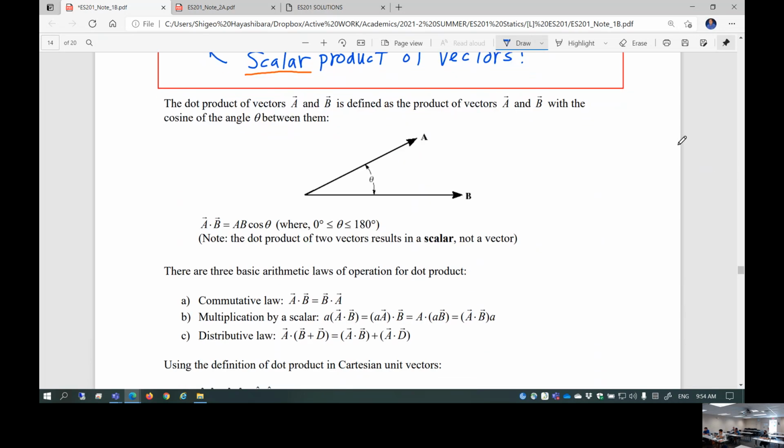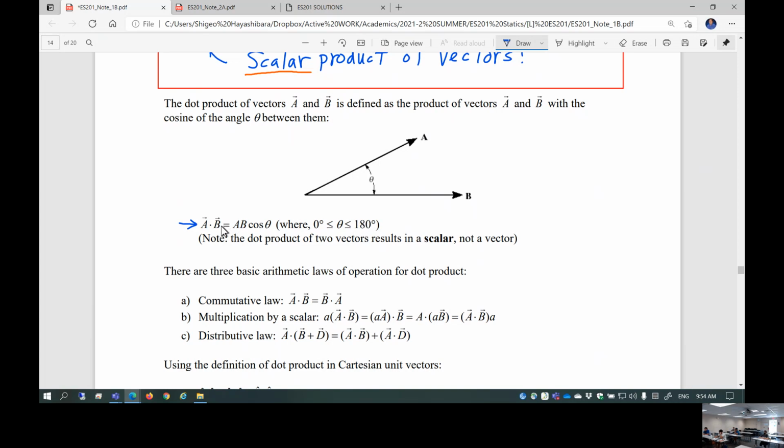So let's begin with dot product. Suppose you have two vectors, vector A and B, concurrent vectors initiating from here. The coordinate origin may be point O. This is the meaning of dot product: A dot B is the magnitude of A times the magnitude of B times the cosine of the angle between them, theta. Now be careful, theta should be less than 180 degrees.